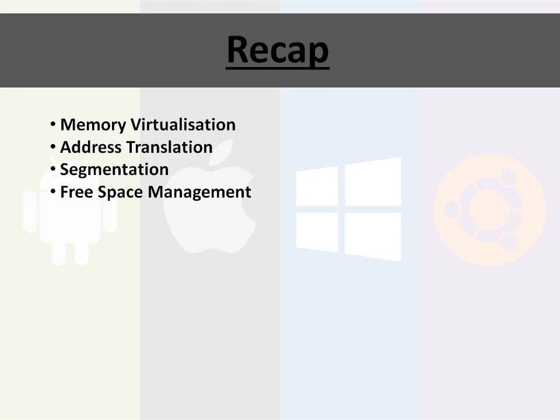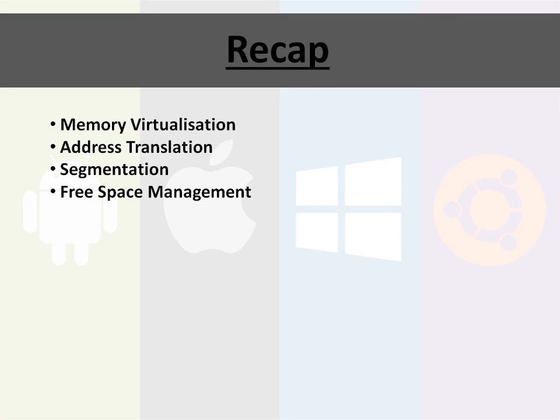Thirdly, we looked at segmentation, which was a slightly different approach to the base and bounds approach, and that approach also had a slightly different take on how we do address translation. And lastly, we looked at how we allocate memory regions, like allocated memory and free memory, as well as how we keep track of our free memory, and that was through the use of the free list.